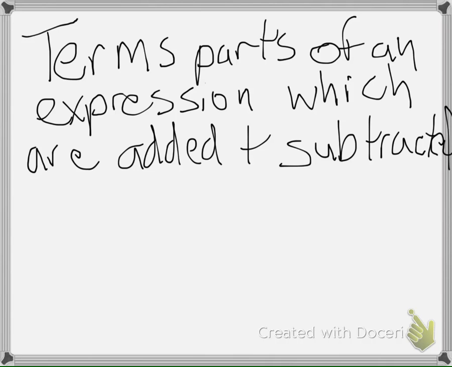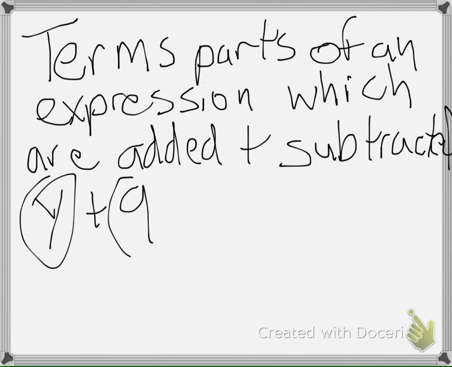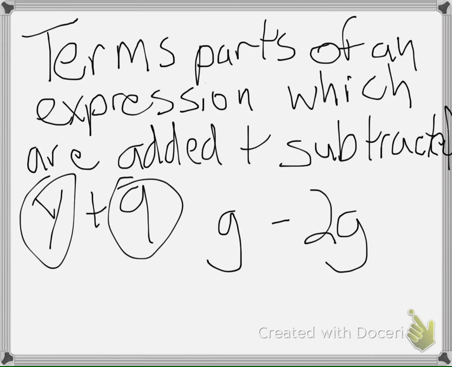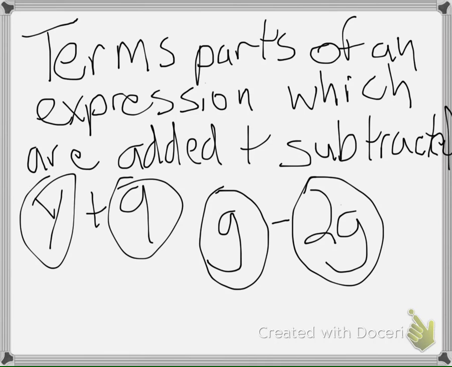So if I have y plus 9, that's a term, that's a term. If I have g minus 2g, even though this 2g is 2 times g, the whole thing is a term because it's added and subtracted.